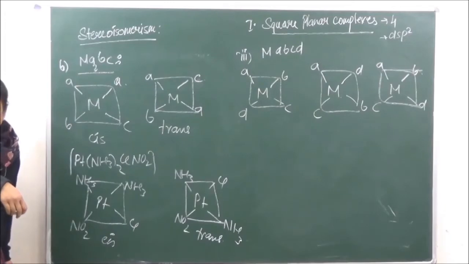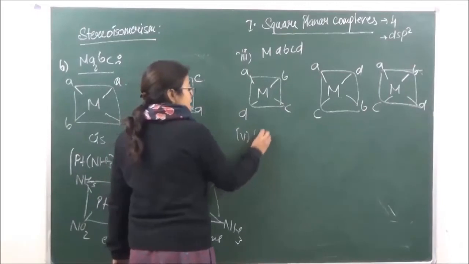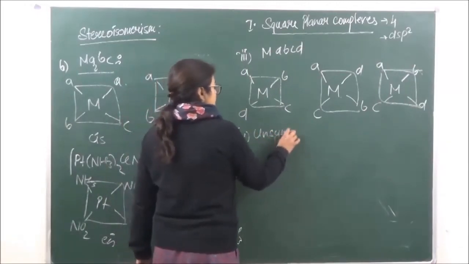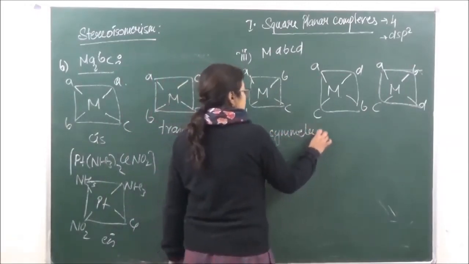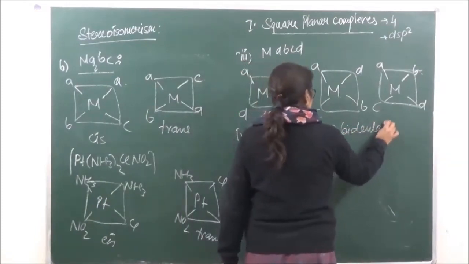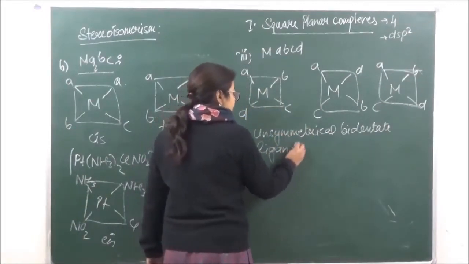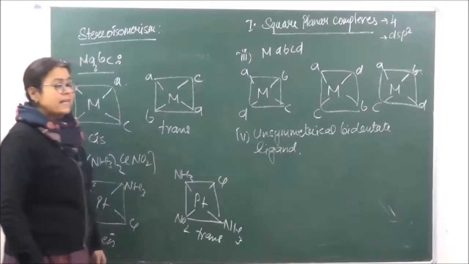Okay? Now if there is number 4, an unsymmetrical bidentate ligand present. Unsymmetrical bidentate ligand is your glycinate ion, we are done, right?